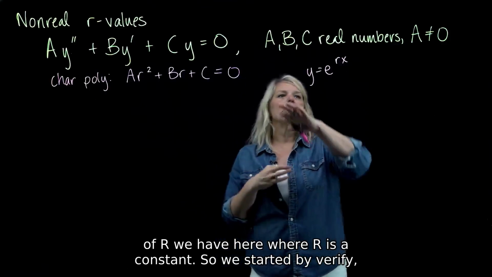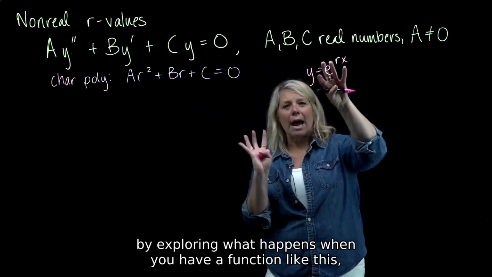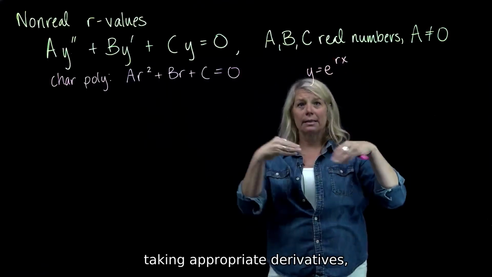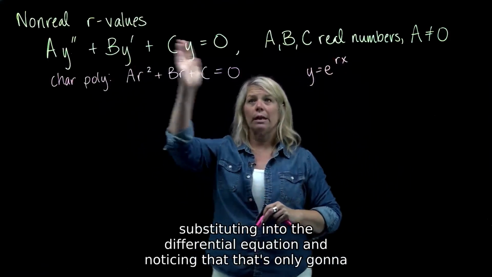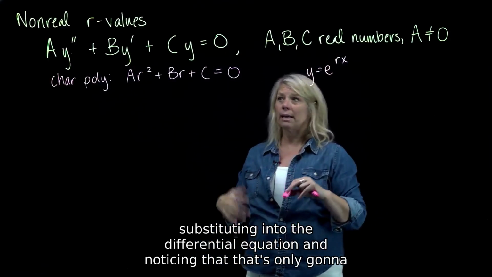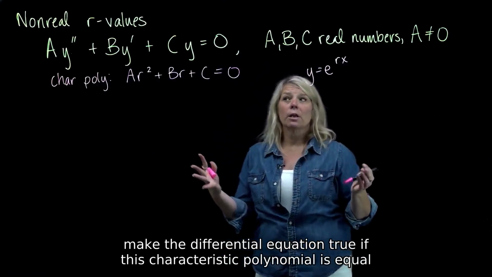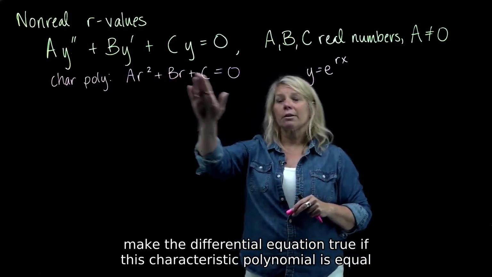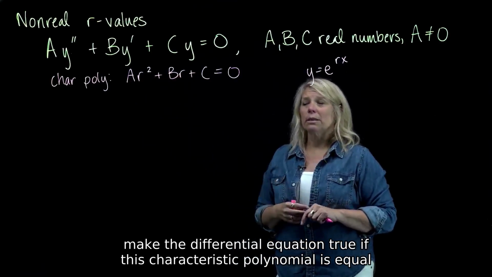So we started by exploring what happens when you have a function like this, taking appropriate derivatives, substituting into the differential equation, and noticing that that's only going to make the differential equation true if this characteristic polynomial is equal to 0.